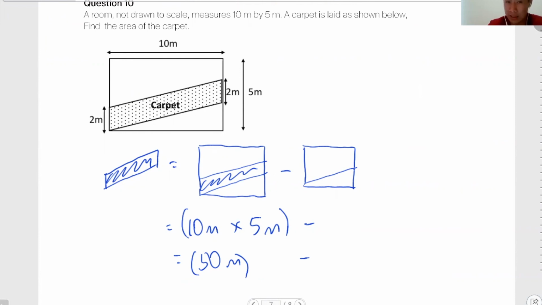Because if you realize that you were not taught how to find, this is what we call a parallelogram, but you were not taught in school how to find parallelogram. You only know, you were taught in school how to find rectangles and squares, okay, and triangles. So you have to use what is being taught in school. So right now we're going to use area of rectangle. Okay, so imagine this.